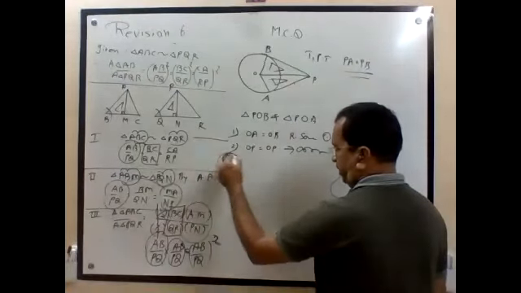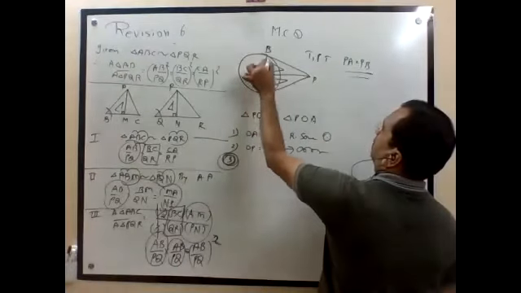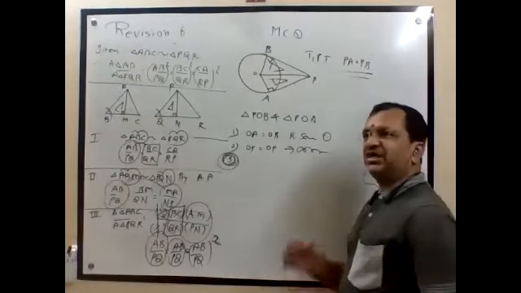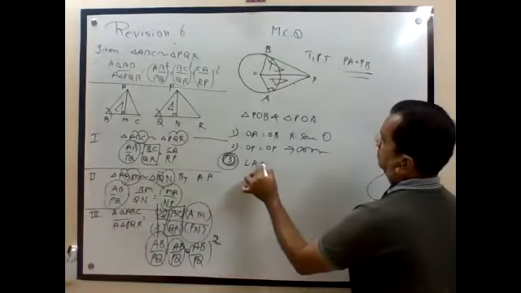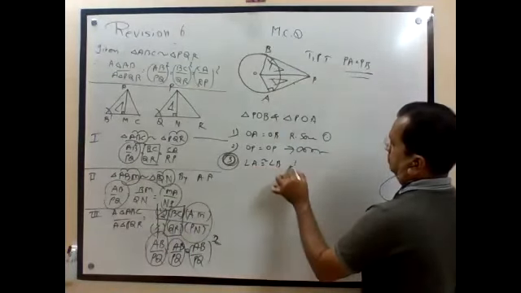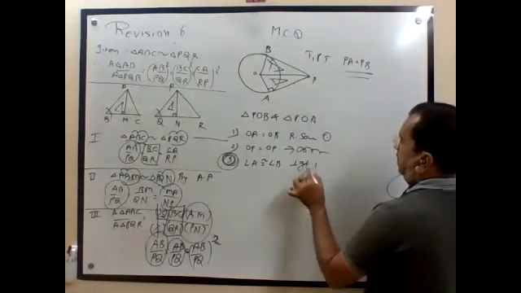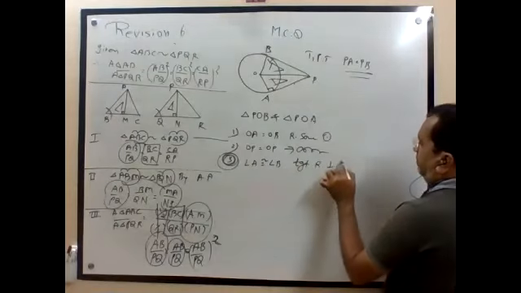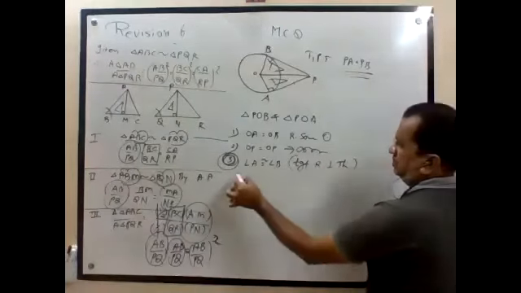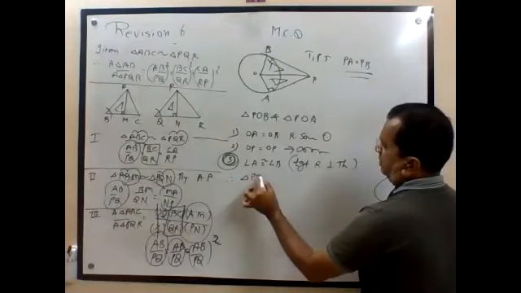Third, very important: angle A is equal to angle B because of the tangent radius perpendicular theorem. Therefore, triangle POA is congruent to triangle POB.